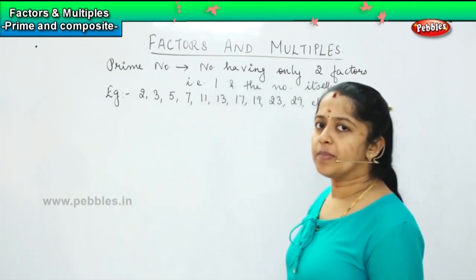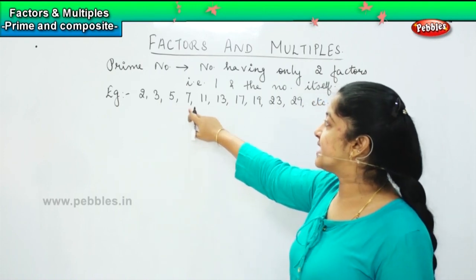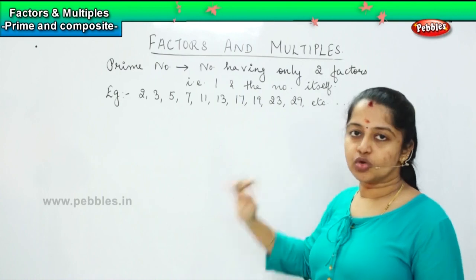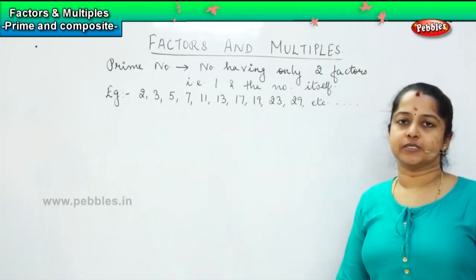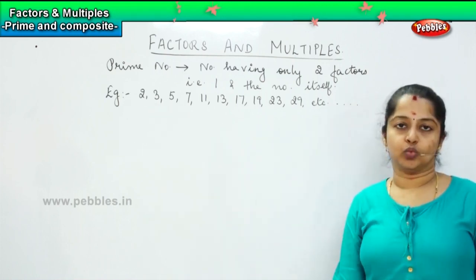Okay. So what do you mean by that? The numbers 2, 3, 5, 7, 11, 13, 17, 19, when the list goes on, it means that if you take example of any of these, 2 will be only divided by 1 and 2.